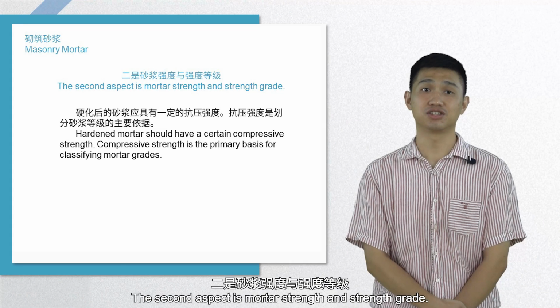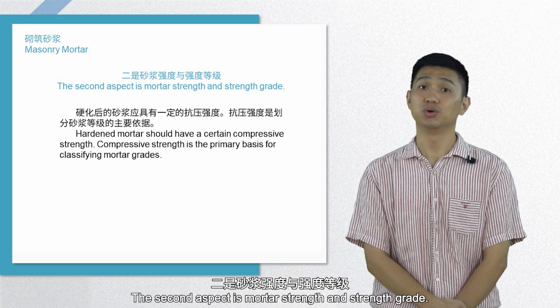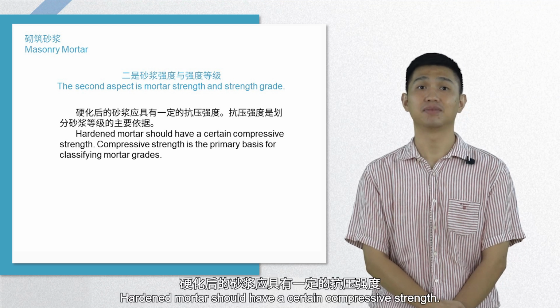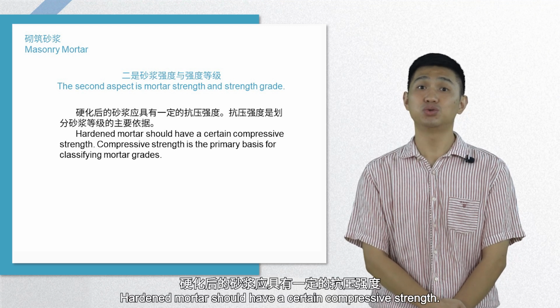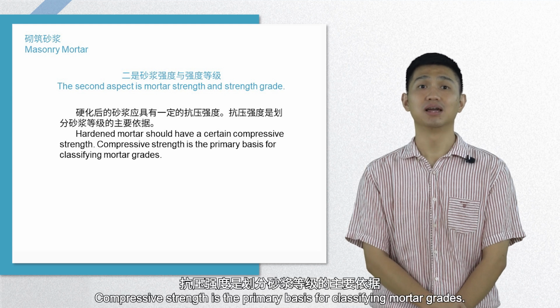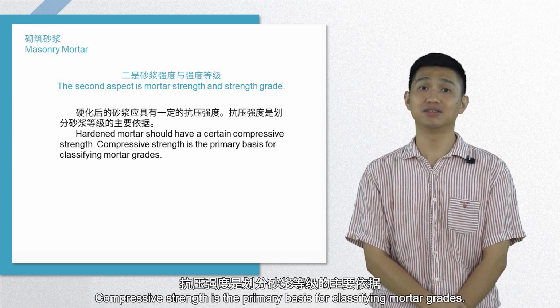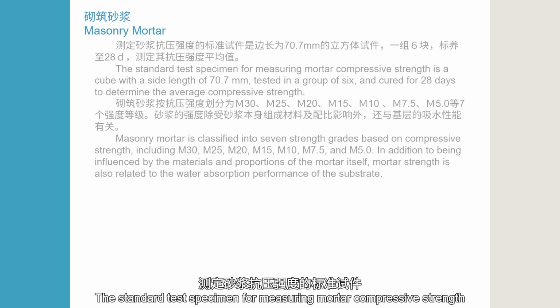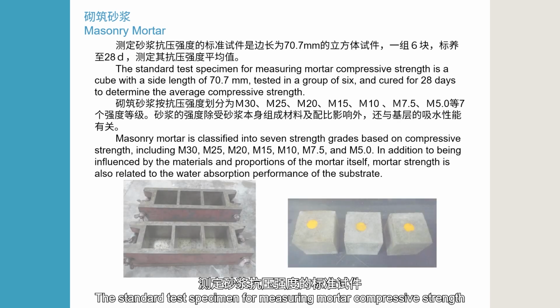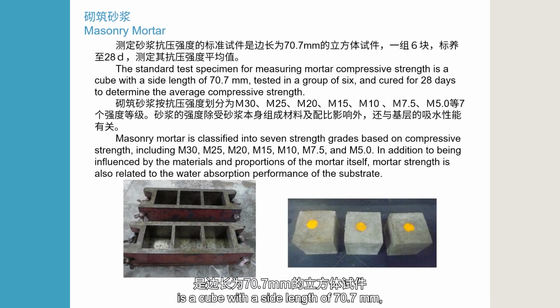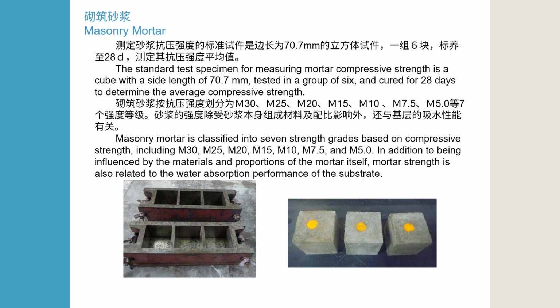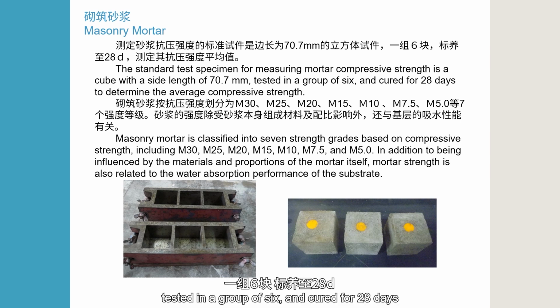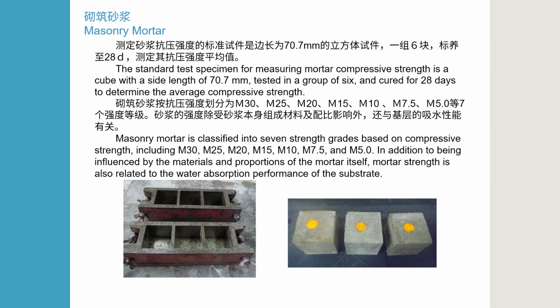The second aspect is mortar strength and strength grade. Hardened mortar should have a certain compressive strength. Compressive strength is the primary basis for classifying mortar grades. The standard test specimen for measuring mortar compressive strength is a cube with a side length of 70.7 millimeters, tested in a group of 6, and cured for 28 days to determine the average compressive strength.